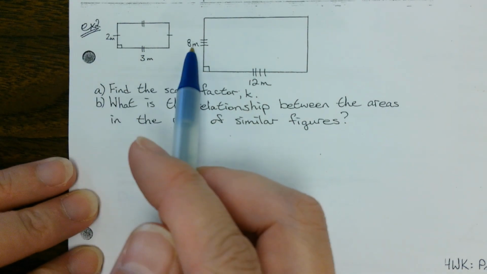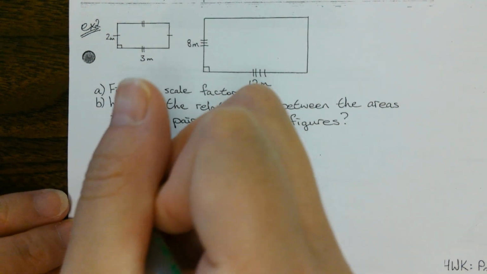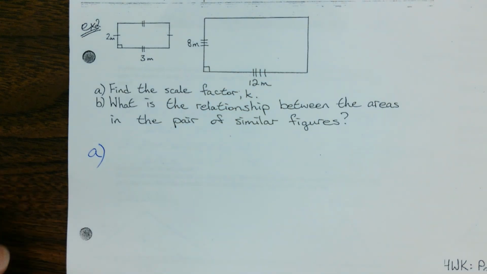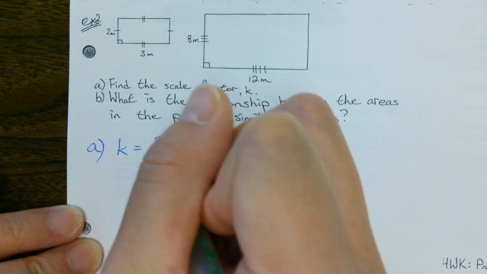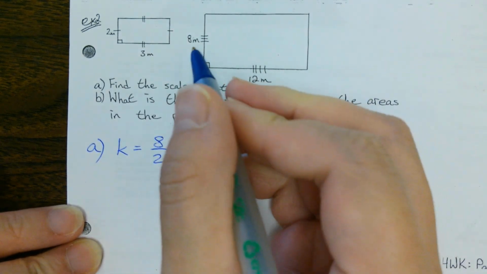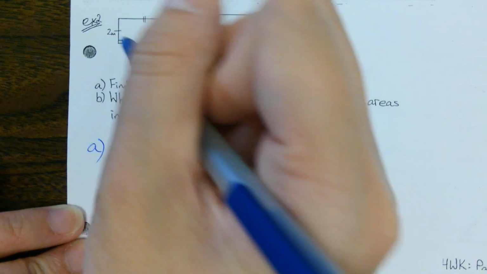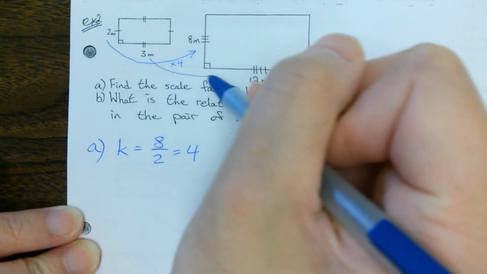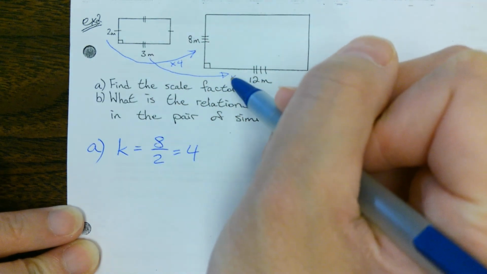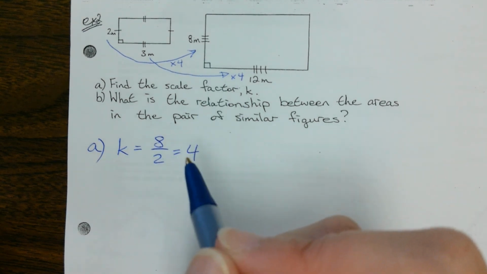Just looking at these two, can you see what the scale factor is? Yeah, 4. So k equals, choose the two sides, 8 divided by 2, you get 4. So each of these sides is 4 times bigger. That's how you find your k factor, by dividing.